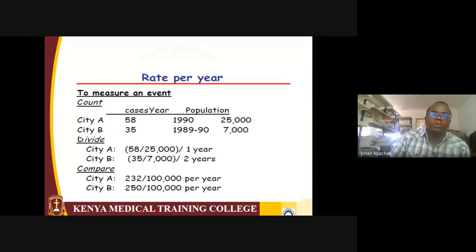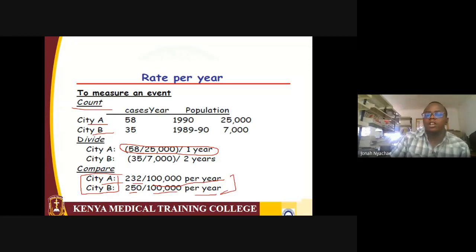Once we count in city A and city B, and then divide to find the rate per year of having a certain disease, we can also compare. So in comparison, we can say in city A there were 232 per 10,000 per year, and in city B we have 250 per 1,000 per year.